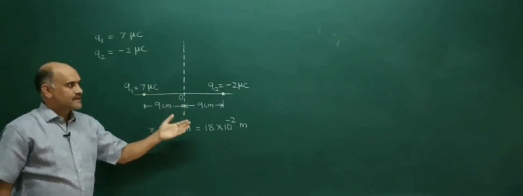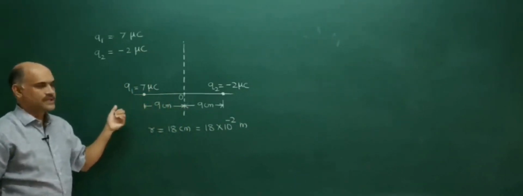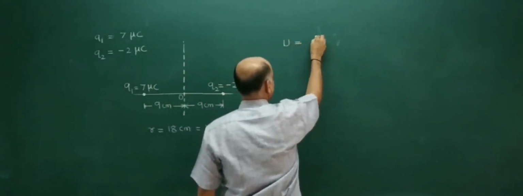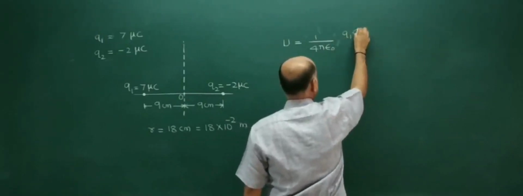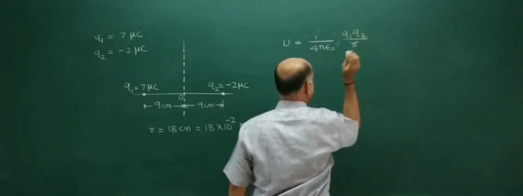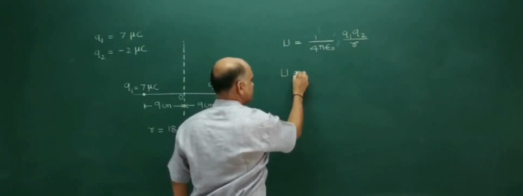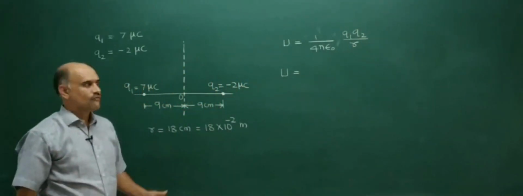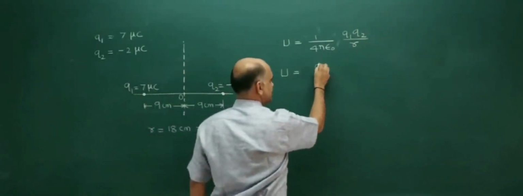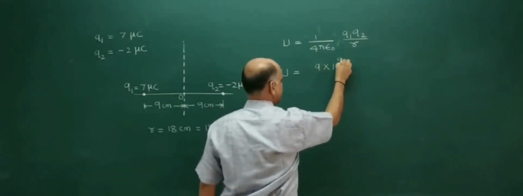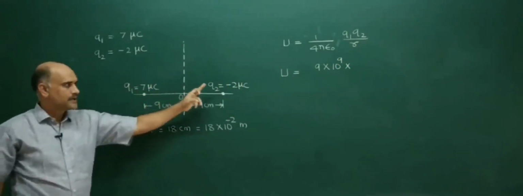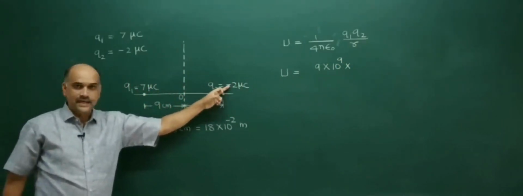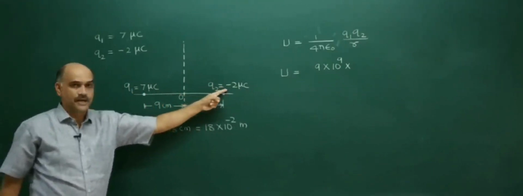So first I will write the formula, then substitute and simplify. Potential energy is given by 1 by 4 pi epsilon naught q1 into q2 divided by r. If I substitute the values, 1 by 4 pi epsilon naught is 9 into 10 raised to 9 into. Now if you observe, q1 into q2 is negative, so you are required to consider the minus sign.